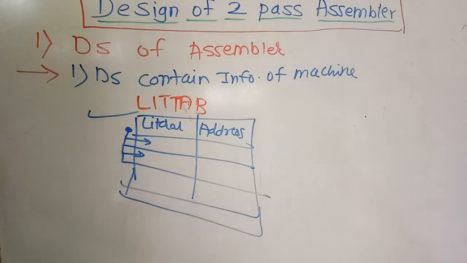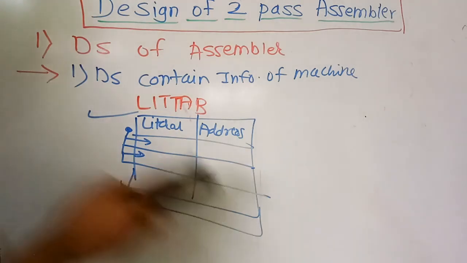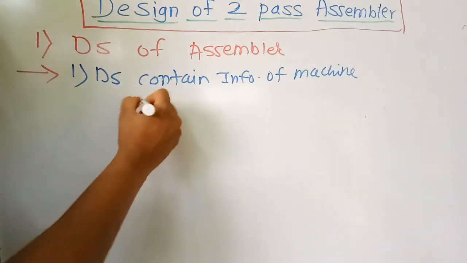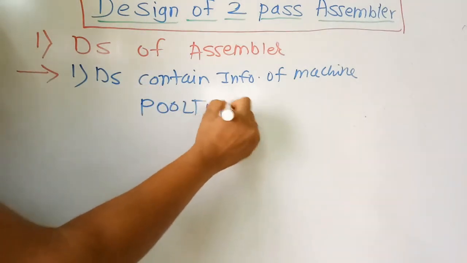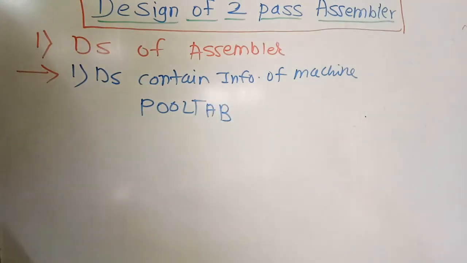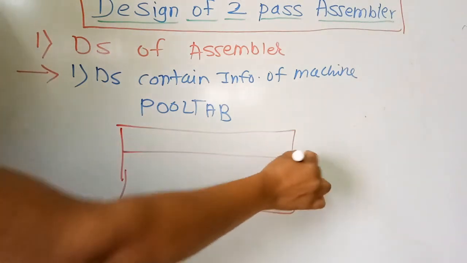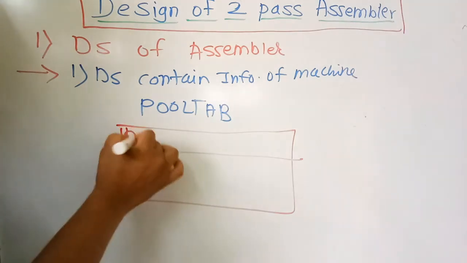And coming to the last part of these user updated data structures, that is nothing but the pool table. What does this pool table define for us? It is nothing but the address of the literal table.